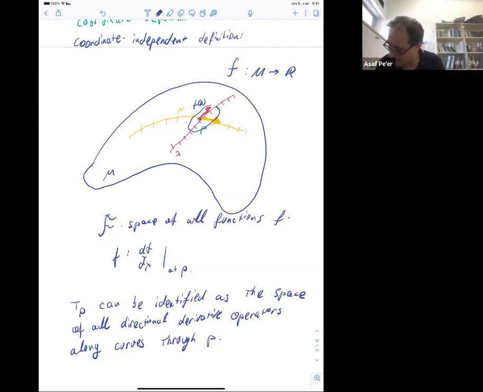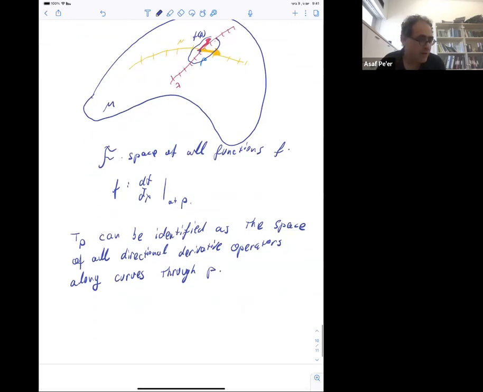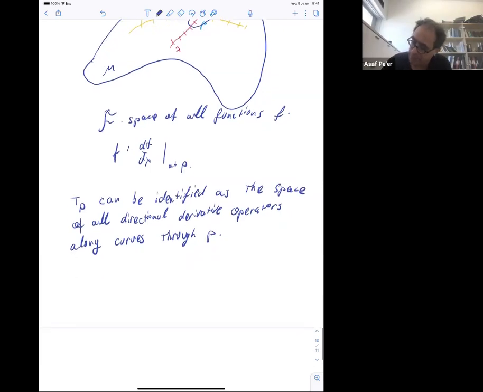Why is it true to identify that with the tangent space TP? Well, first it is a vector space. Proof.